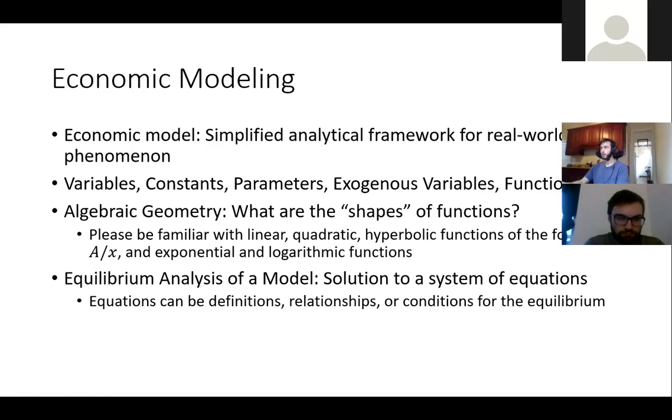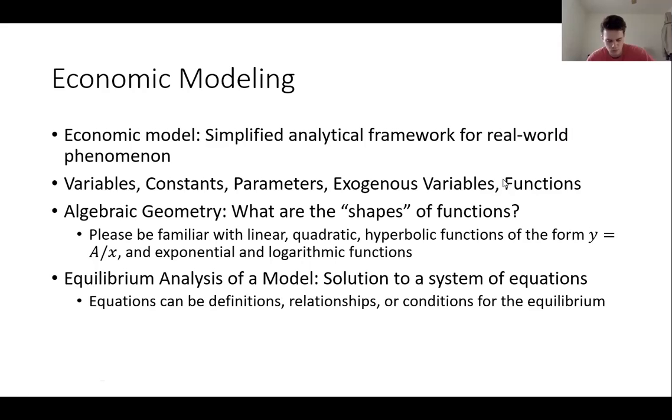Okay, so 126. Just a quick thing about equilibrium analysis of a model. Usually when they talk about finding an equilibrium, it's really a solution to a system of equations. One equation tells you about the relationships between variables, but you probably need more than one equation to find a solution.